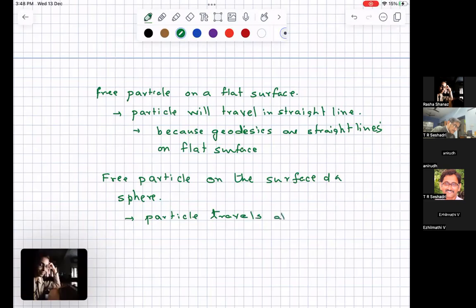Geodesic. So what is a geodesic on the surface of a sphere? A great circle. Along a great circle.